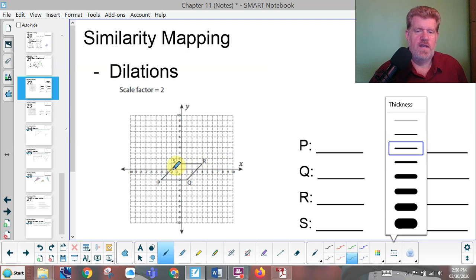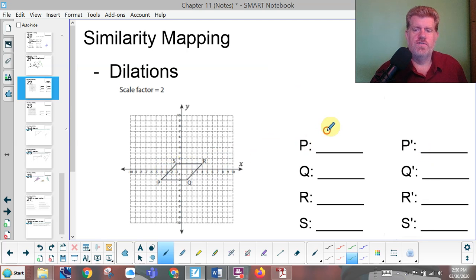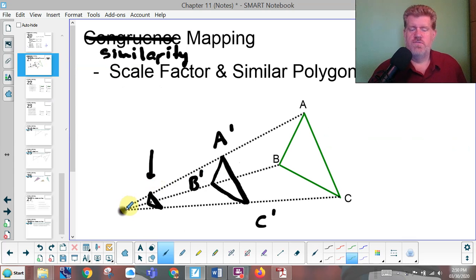So P right now is -4, -2. Well, if I'm going to make it twice as big, guess what I'm going to do? It's going to double it. So -8, -4. Now, back here, this was the dilation point. We don't have a dilation point.